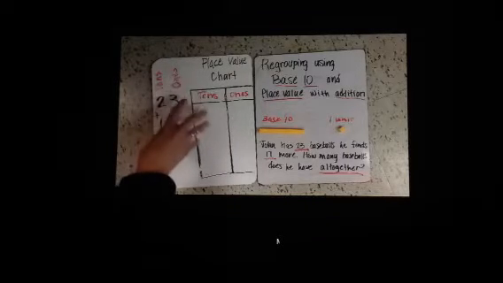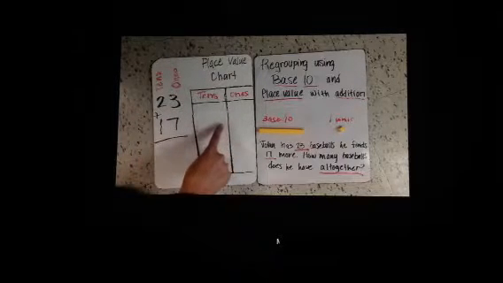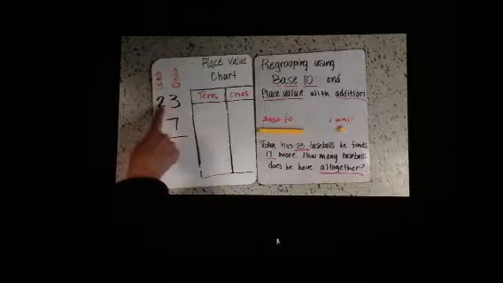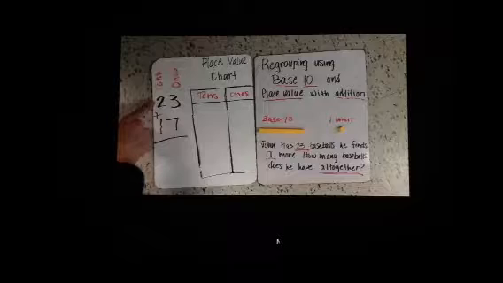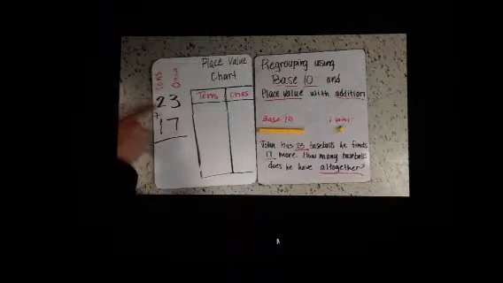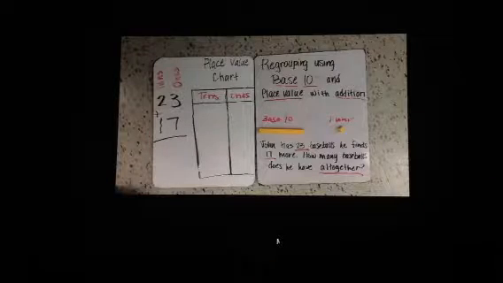Now, to put this problem into our place value chart, we have to know our place value. If we look at the number 23, we know that 2 is in the tens place. This 2 represents 20.